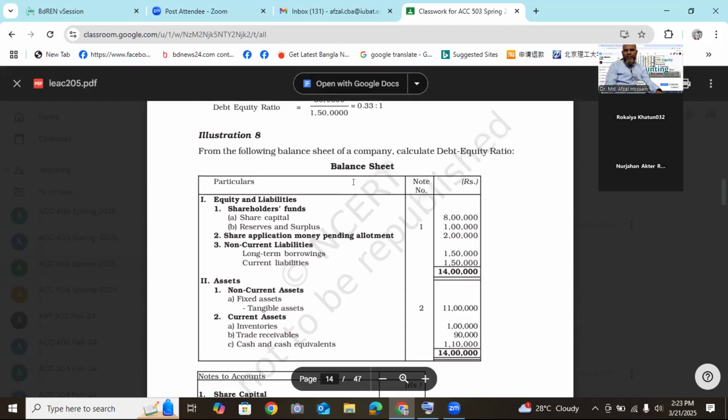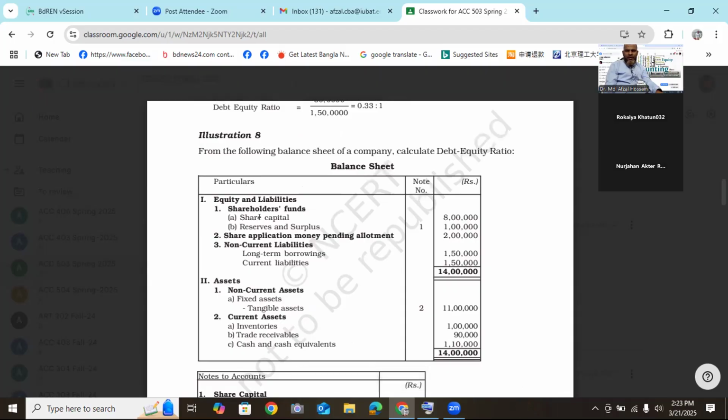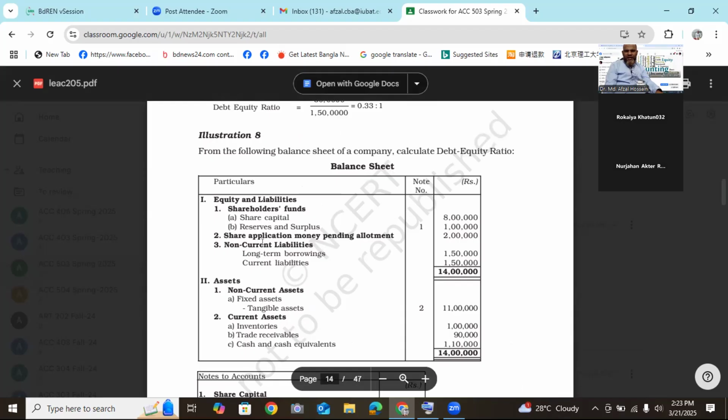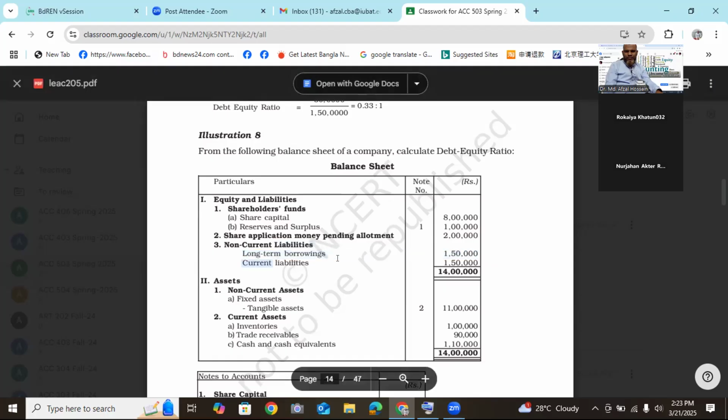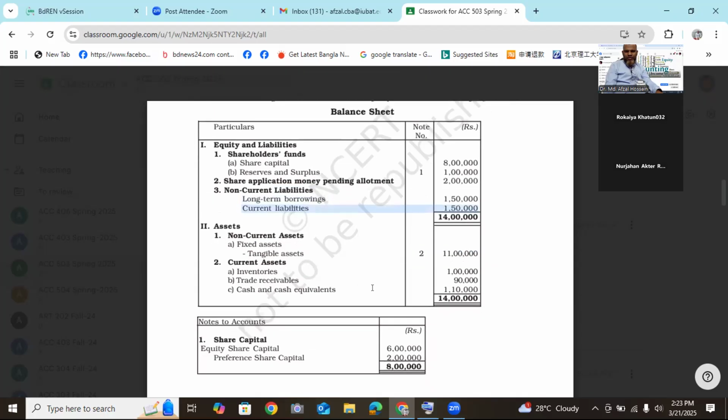Here they have also given the balance sheet: shareholders funds, then notes 1 for reserves and surplus, then share application money pending allotment. Non-current liability, that means long-term borrowings, and this is current liabilities. Asset: non-current asset, current asset.